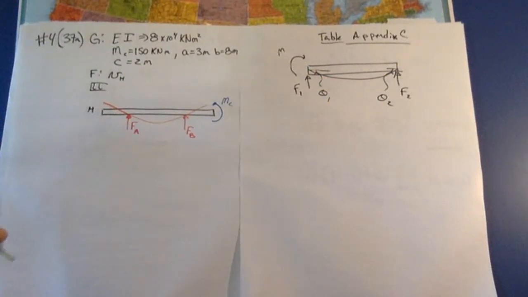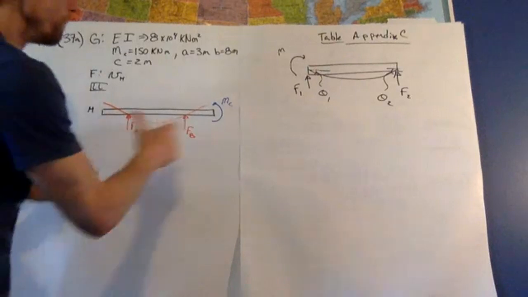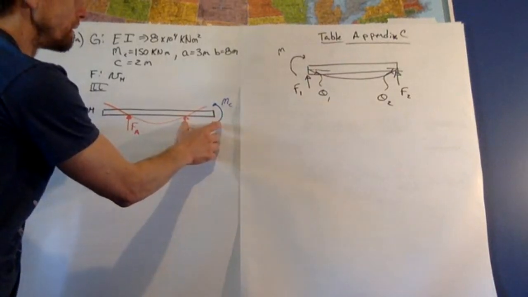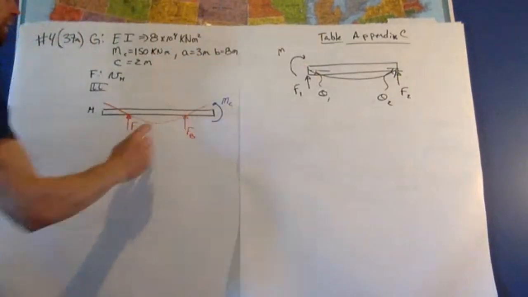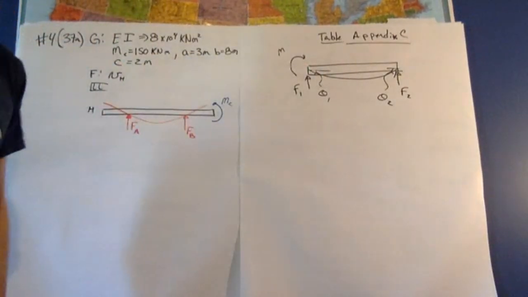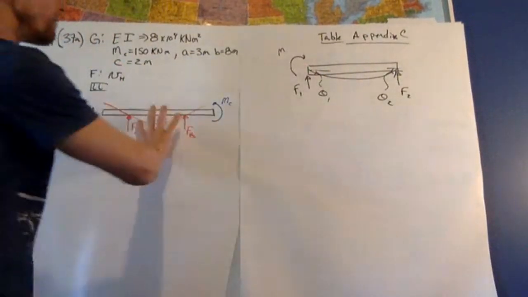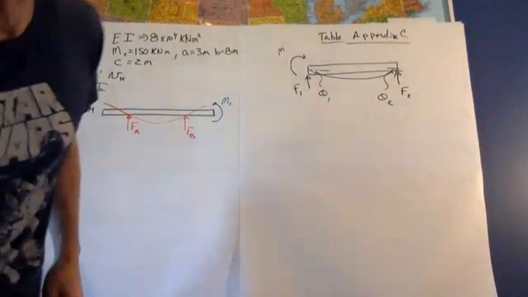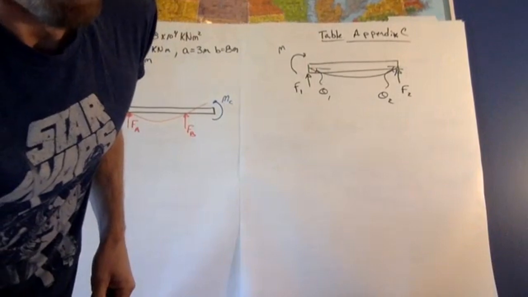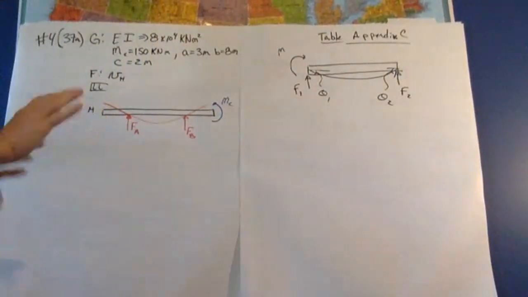One thing to notice is the moment isn't right at this point 1 or this point B, so you have to think about how we're going to do that. Second, it's flipped, but it's just a mirror image, so that doesn't become much of a problem. But it is something to think about.